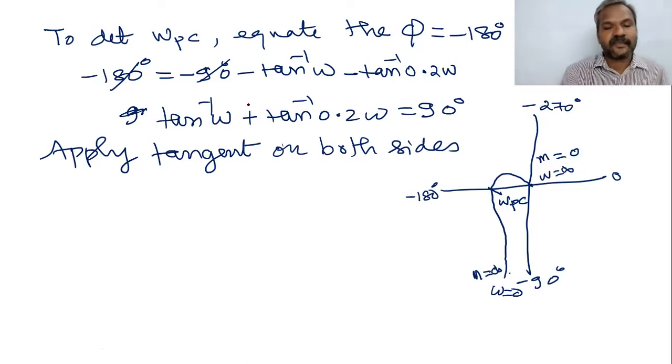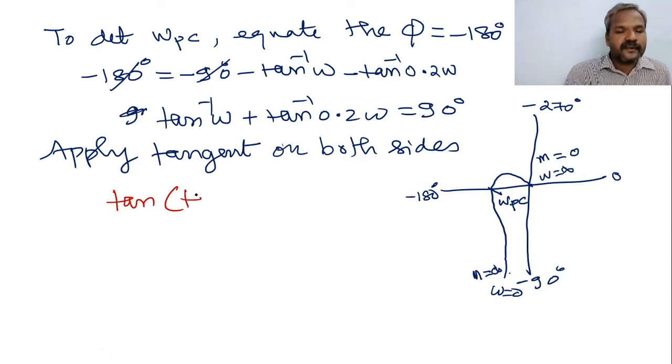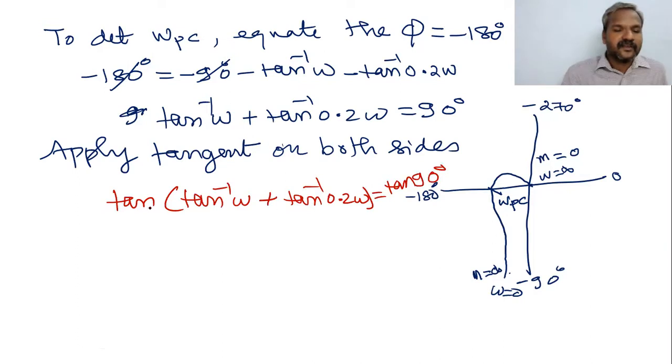What is tan of A plus B? It is tan A plus tan B, divided by 1 minus tan A tan B. So tan of inverse omega plus tan inverse of 0.2 omega equals tan 90 degrees.